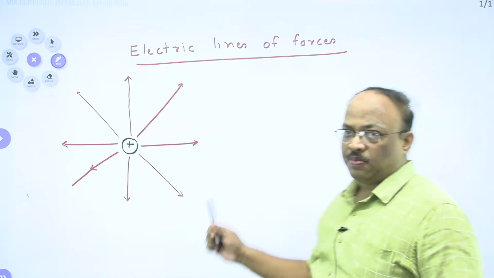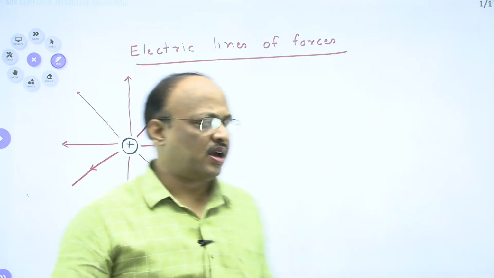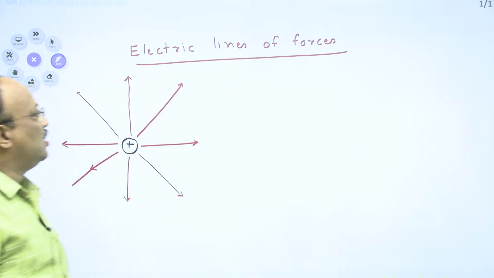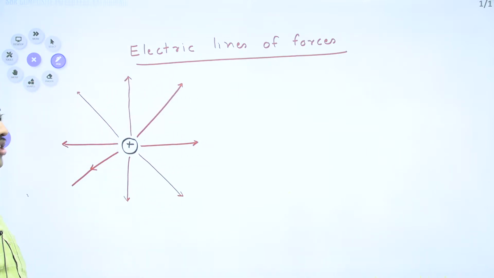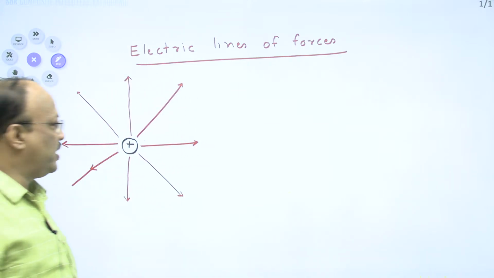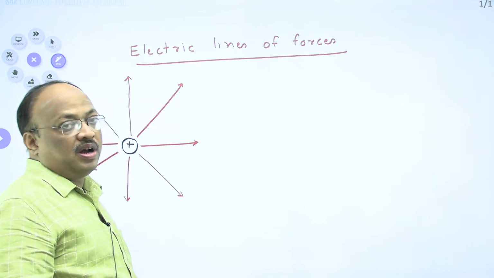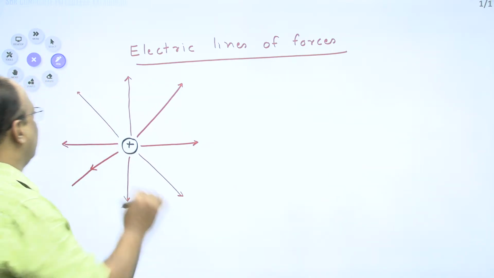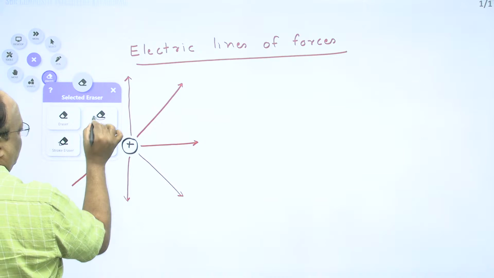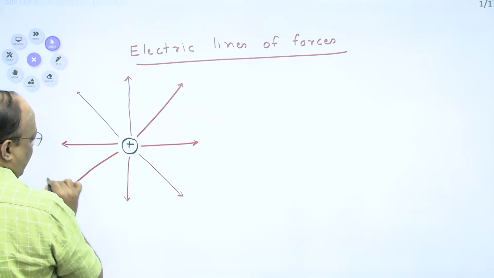One of the important questions for 1 mark or 2 marks they will ask: draw the electric lines of force for an isolated positive charge. Anywhere you can draw this arrow.